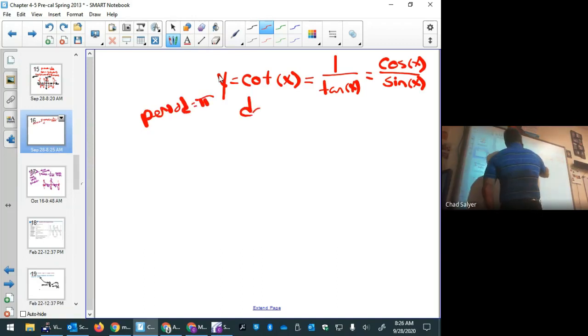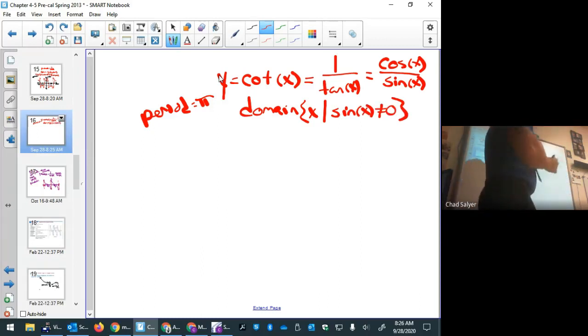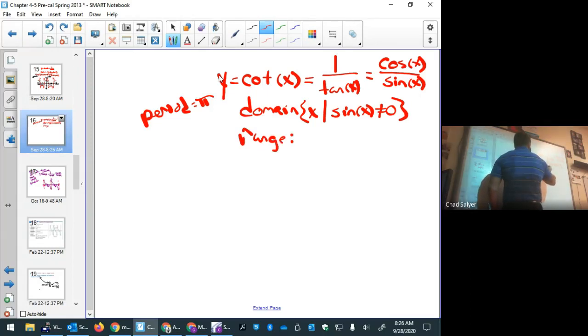The domain is going to be x such that sine of x is not equal to 0. It can't be a 0 for the sine unless we get division by 0. The range is going to be y such that y is a real number.